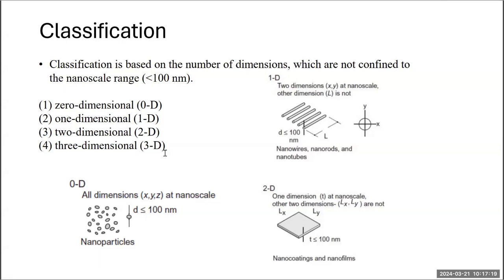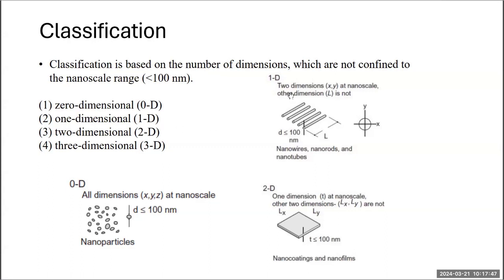Zero dimensional means all of the three scales, length, width, and height, are in nanoscale. That's why we call it zero dimensional. Maybe you have heard about quantum dots or quantum computing, right? Quantum dots fall into this category, zero dimensional. That means all three scales are in nanoscale.